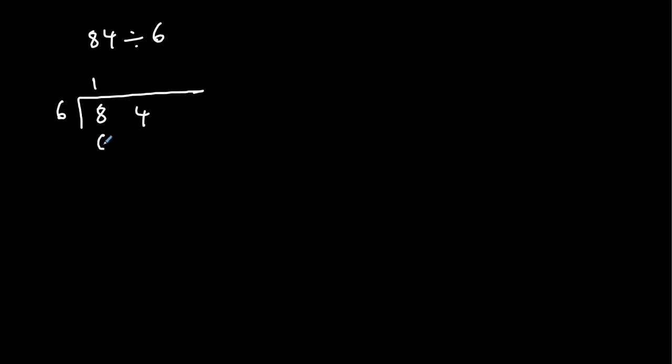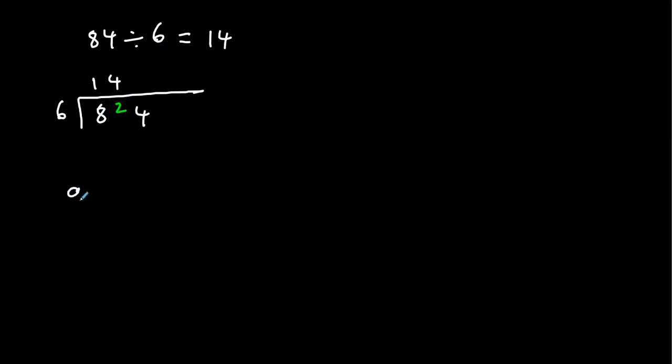So instead of writing 6 over here and then subtracting to get the remainder, as with long division, you would simply write the remainder over here. And then you'd look at this number, and you'd see how many times 6 goes into 24. So 6 goes into 24 4 times with no remainder. So the answer is 14.